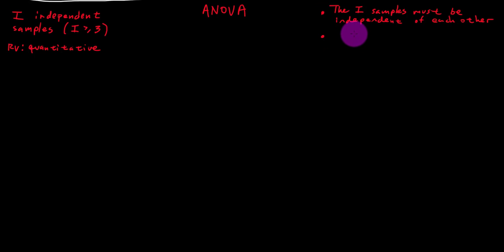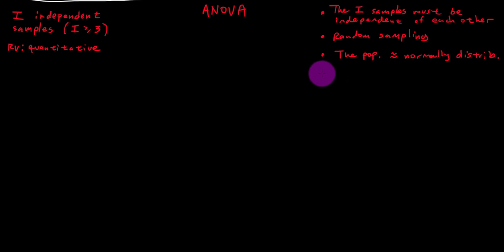Furthermore, the observations must be considered random samples from their respective populations. Just like the t-test, the population must be considered approximately normally distributed. So really nothing new so far: random, independent, normal.